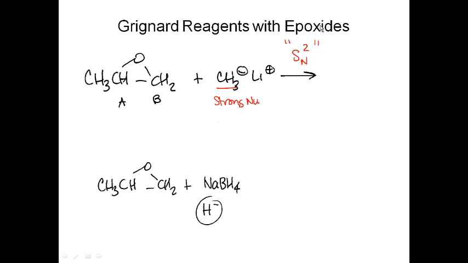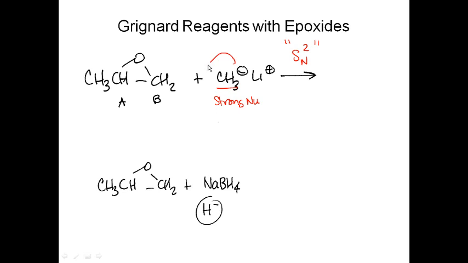Because they're too sterically hindered. So SN2 is based on steric hindrance. SN1 is based on the stability of the carbocation. So now I've got an SN2 mechanism. So which carbon is the CH3- going to attack in this case? The least sterically hindered one, which is B.